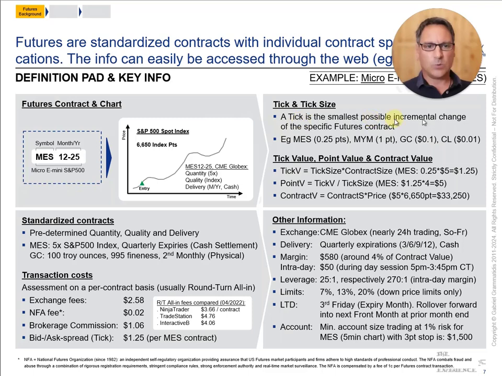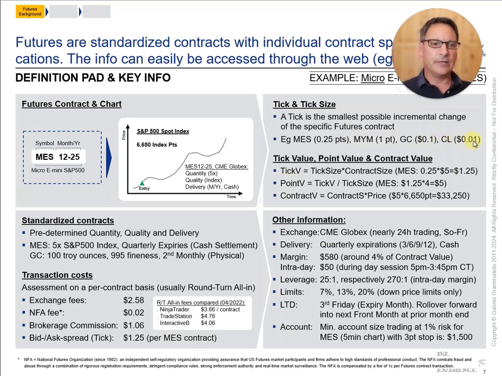Now tick, we already talked a little bit about that. Tick is the smallest possible incremental change. You have ticks in stocks as well, right? Which is typically a cent, but there's not much talk about it. Now, every symbol has different tick sizes, right? So the ES has 0.25, the YM has 1 point ticks, gold has 10 cent ticks, crude oil has 1 cent ticks.